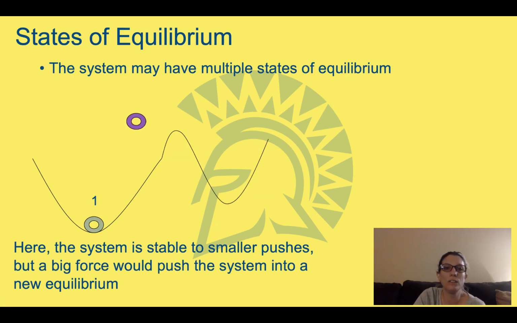Now, there might be multiple states of this equilibrium. You may push it up here and it'll go back down and be stable. But if you push it a little bit further up here, then it might go down to here, which is not where it began. So this would be unstable. In this situation, it would depend on how far up this little hill you push this rock or wheel, or whatever you want to call it.